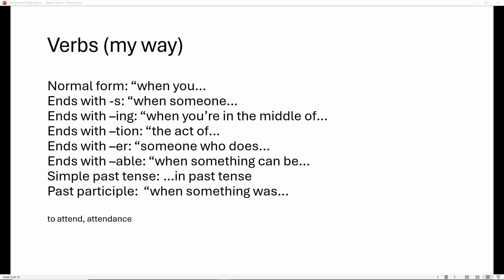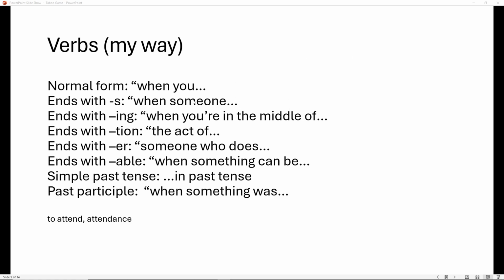It's useful. Now, there's verb conjugation, so the end of the verb, or just its variations, can change depending on its context. I'll go over that in depth later. So there's normal forms, so I'll just use the word dance. When it ends with S, so when someone dances, he or she dances, right?